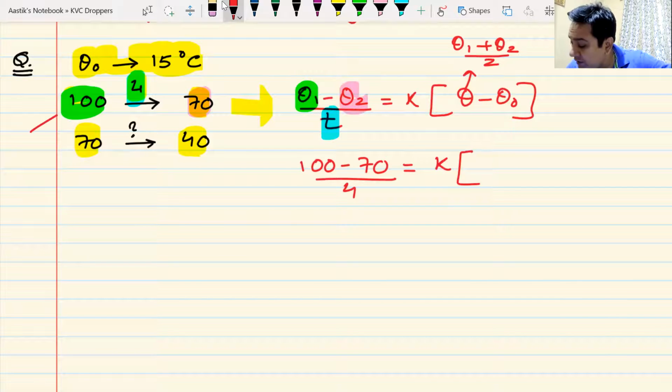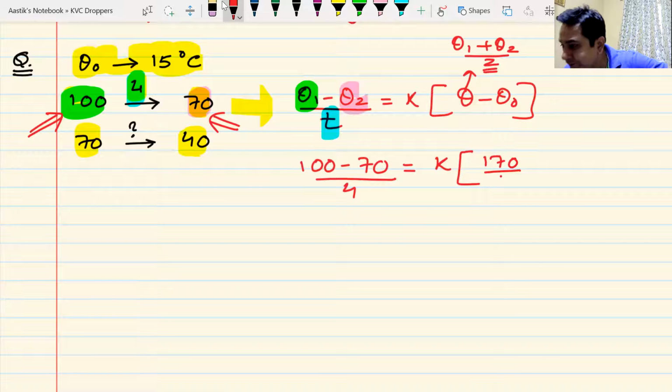How do I get the value of theta? The value of theta will be theta1, which is 100, plus 70. 100 plus 70 is 170, divided by 2. Do we understand this?